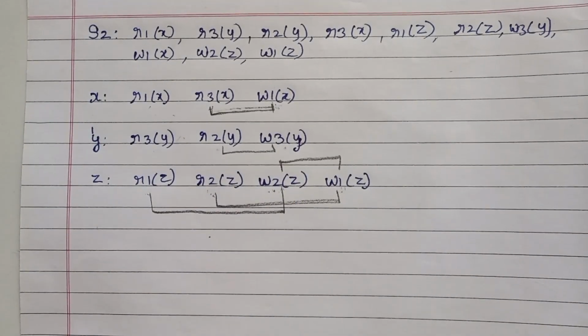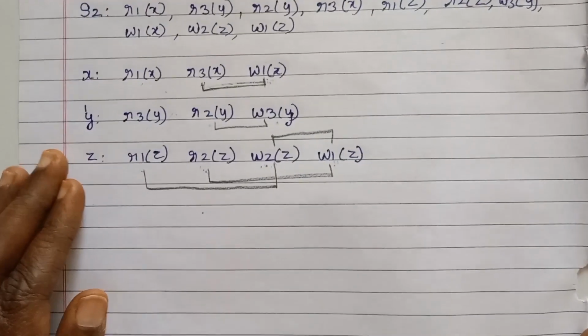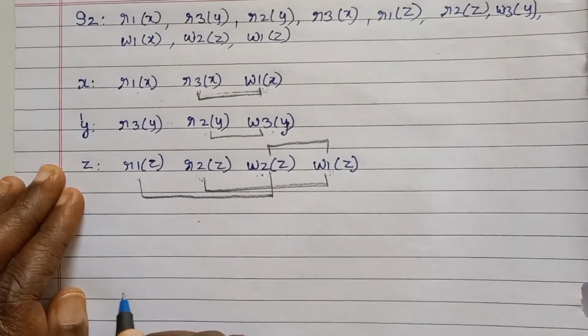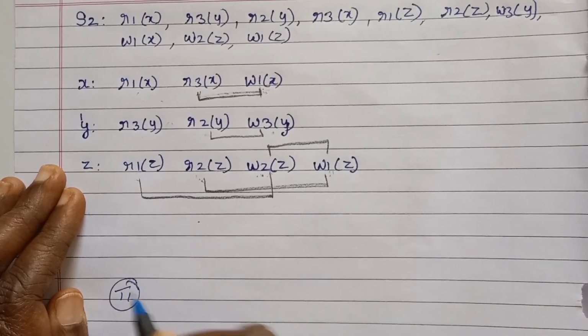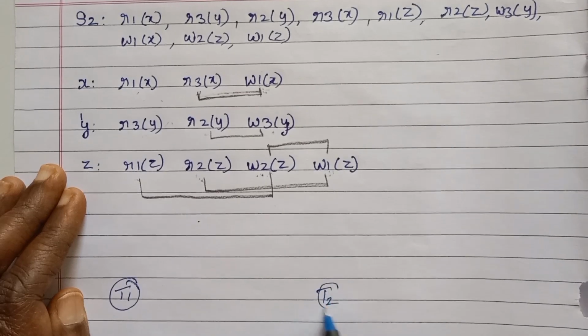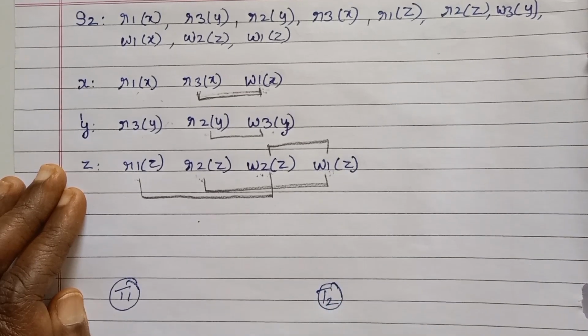Now we'll draw the precedence graph. Okay, so draw T1, T2, T3.